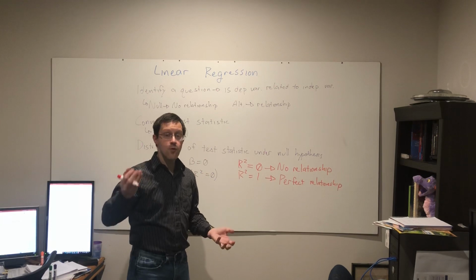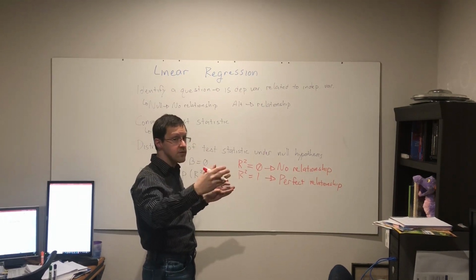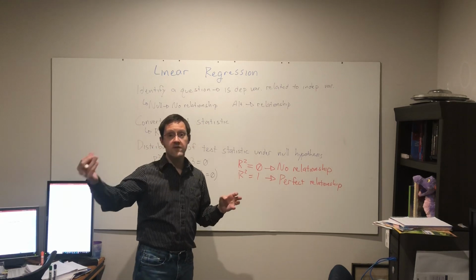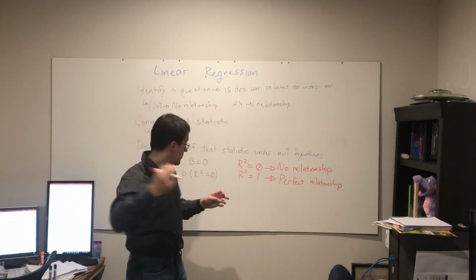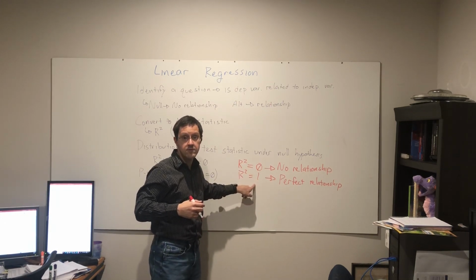An r squared of 0 means there is no relationship, whereas as r squared increases, the strength of that relationship gets stronger and bigger until once we have 1, it's a perfect relationship.